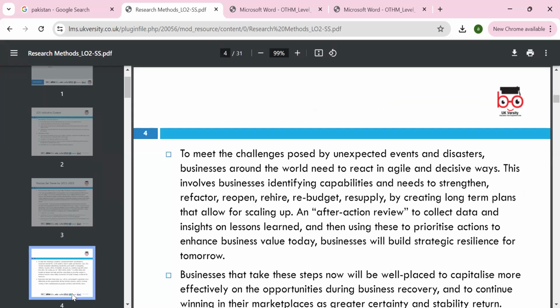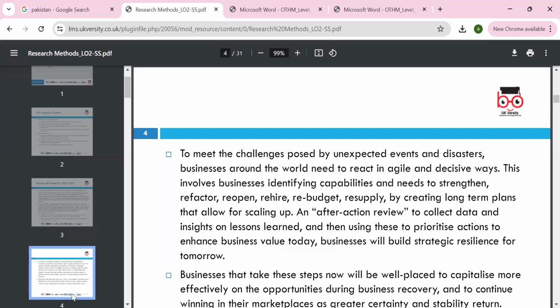The research is to meet the challenges posed by unexpected events and disasters. Businesses around the world need to react quickly, and this is how we can identify the capabilities and needs.